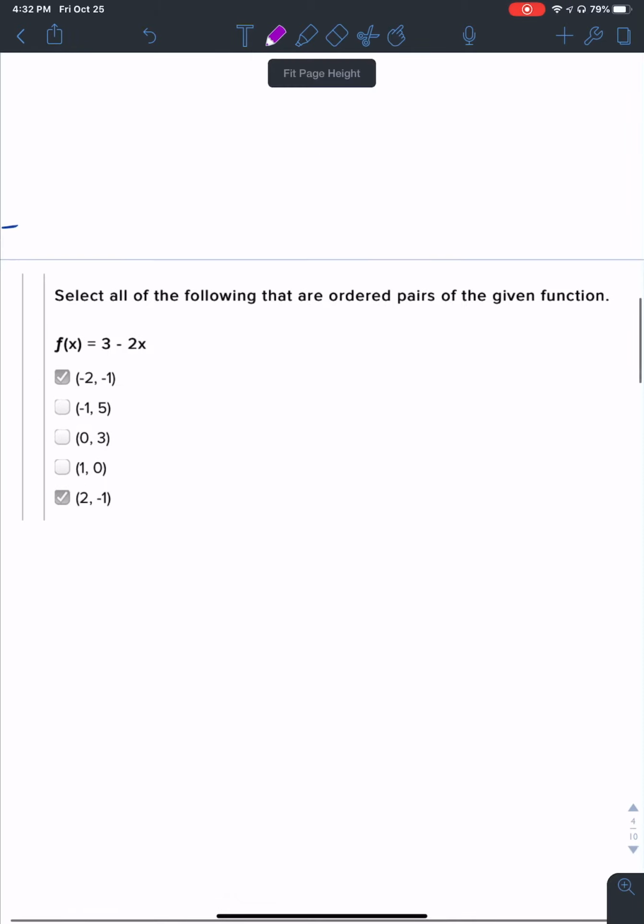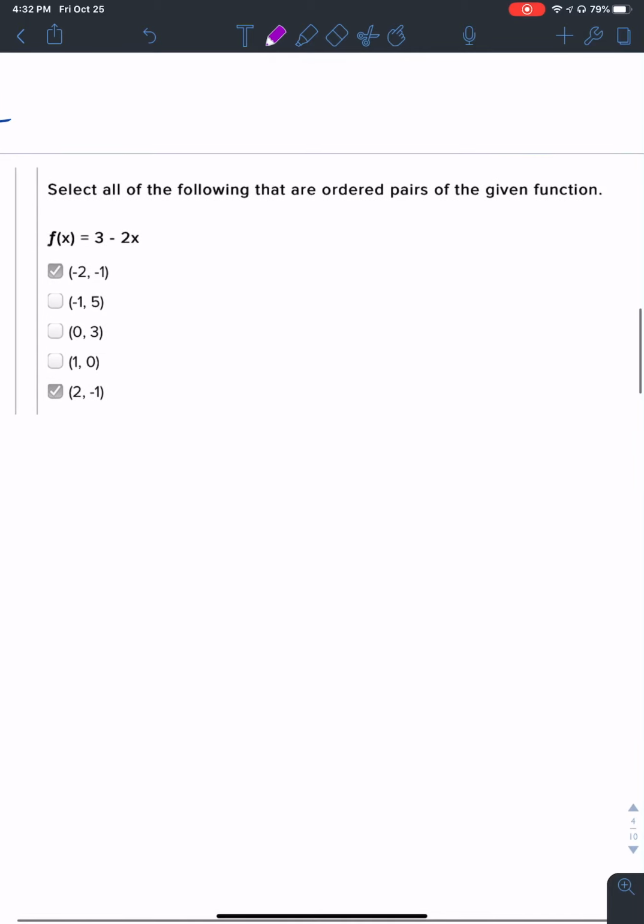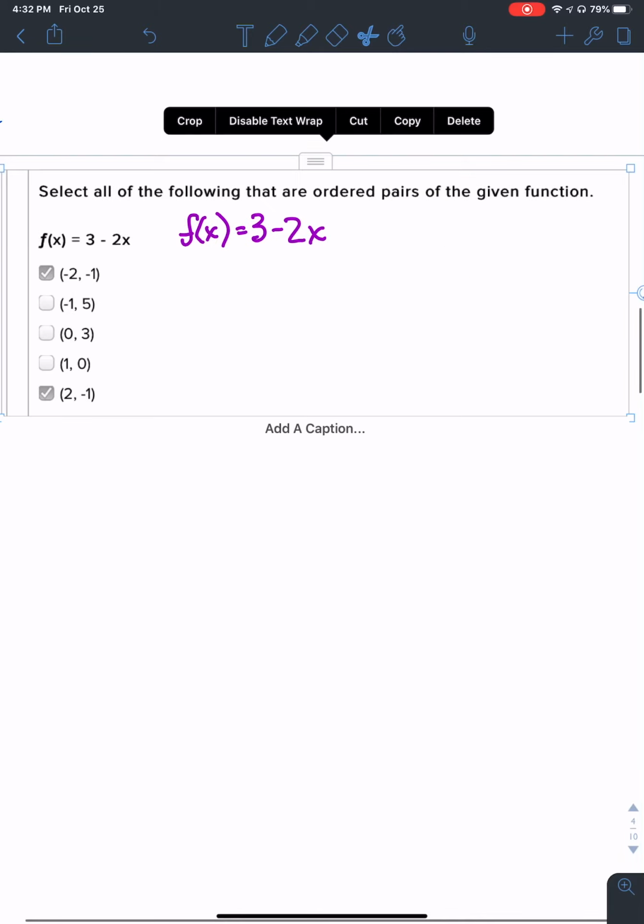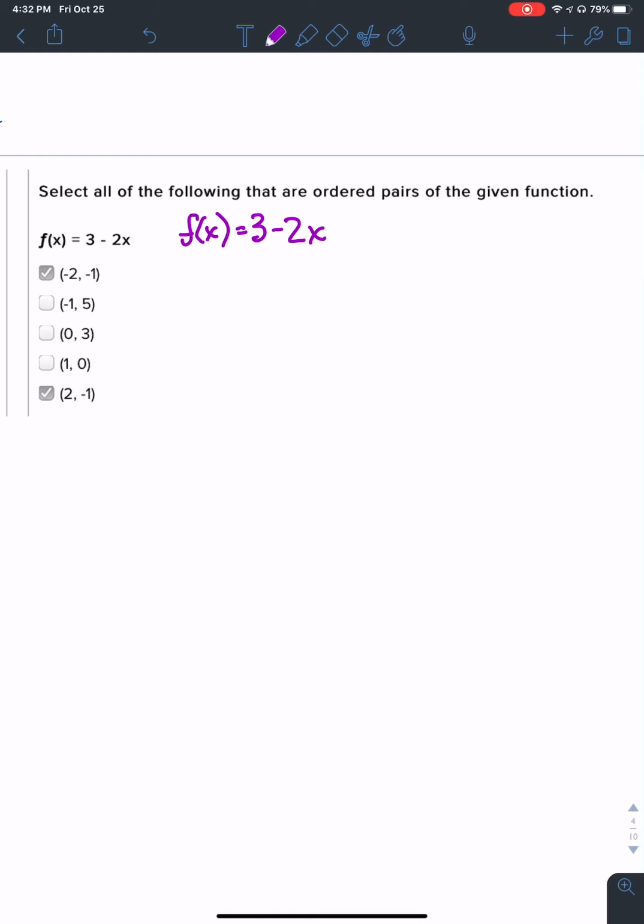Okay, now select all the following that are ordered pairs for the given function. So I have this function that I'm going to mess with. Let me take this and just move it over a little bit here. I'm going to use this function over and over again to see how this works. But I want you to notice right here, these are all x values.